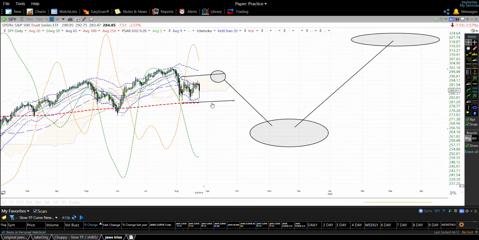We can even get a little bit more bearishness in the next couple days leading to Monday, and then probably resolve right around here.